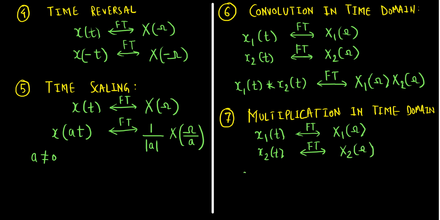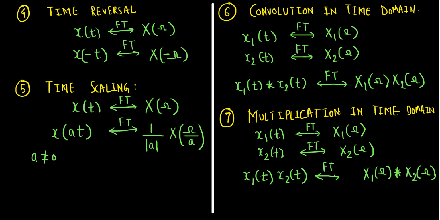Let's suppose we multiply the two signals in time domain, that is x1 of t times x2 of t, then we should expect the similar kind of convolution. So the Fourier transform is going to be a convolution in the frequency domain, that is X1 of omega convolved with X2 of omega.